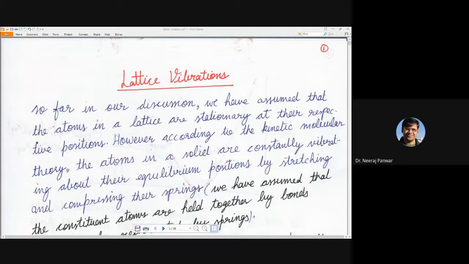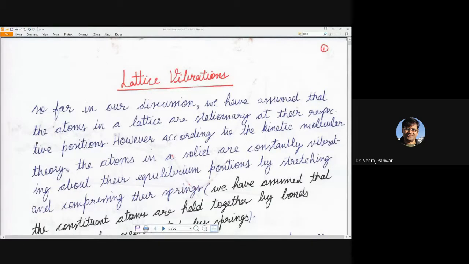But if you consider a solid at room temperature or at any other finite temperature, atoms or ions will be vibrating around their equilibrium positions. Therefore, we need to understand these lattice vibrations. This is the topic of today's and the coming classes' discussion.